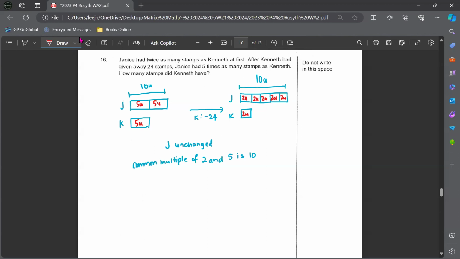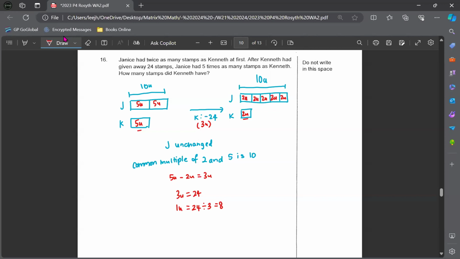Kenneth had 5 units at first, after giving away 24, left 2. So 5u minus 2u is 3 units, which means 24 represents 3 units. Look for 1 unit, 24 divided by 3, 8.